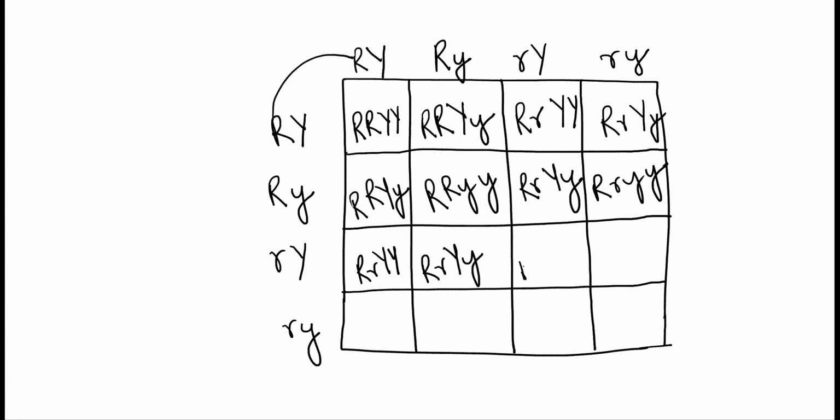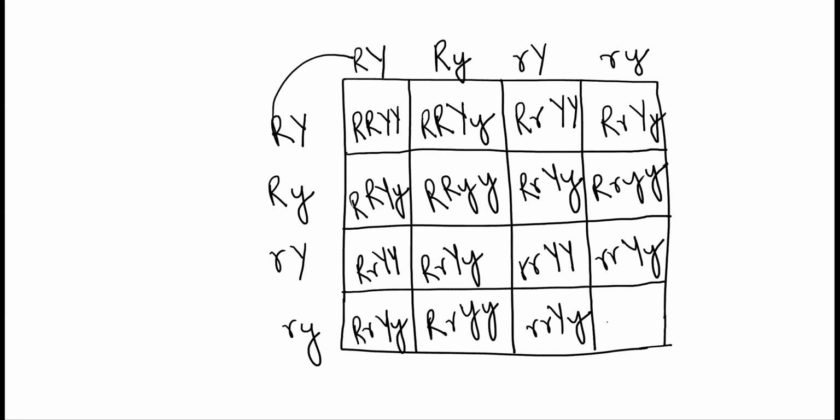Then small r, small r, capital Y, capital Y. Then small r, small r, capital Y, small y. Here we get capital R, small r, capital Y, small y, and capital R, small r, small y, small y. Then small r, small r, capital Y, small y. Then small r, small r, small y, small y. Got it? We'll get this.